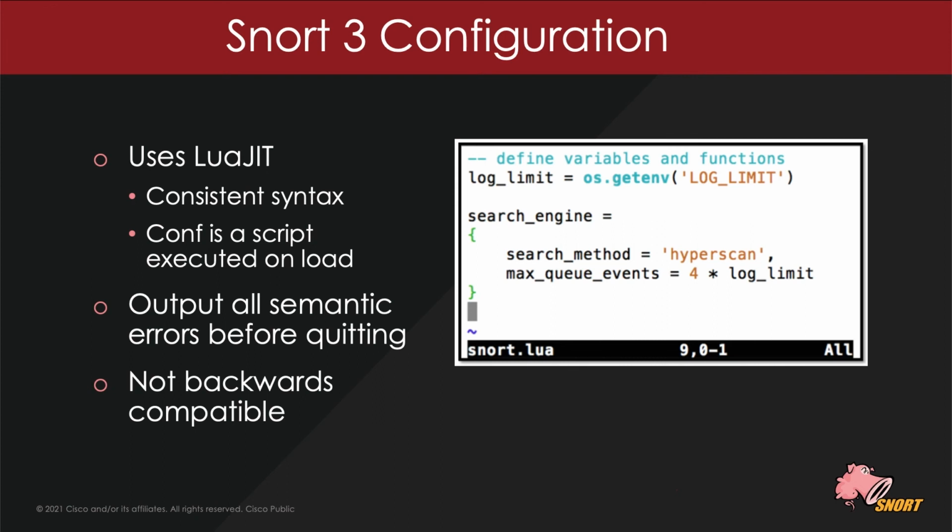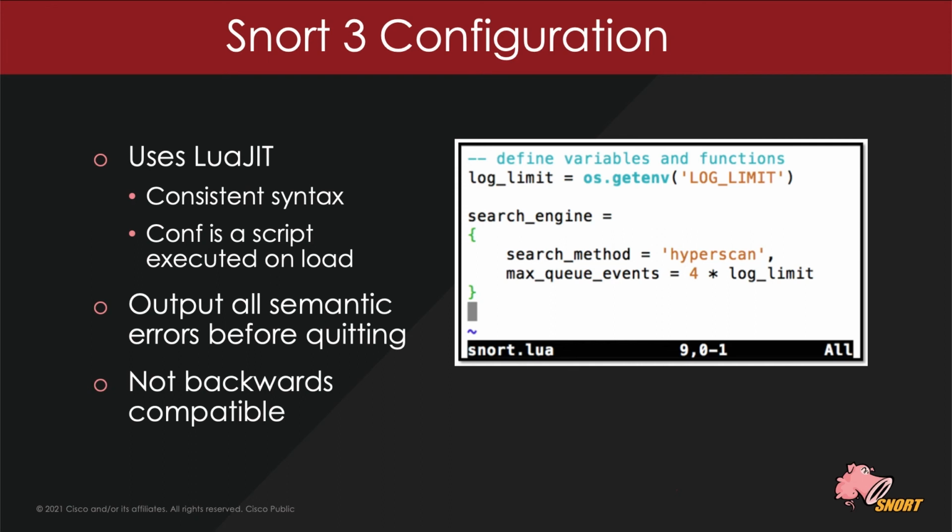In the little example on the right, you can see we've got a variable called log limit that's populated within the snort.lua file. It grabs an environment variable from the OS called log limit, and then uses that later to configure the max queued events parameter in the search engine, so 4 times the log limit. So this is dynamically grabbing that data when Snort loads and configuring a parameter in Snort based on something dynamic in the environment.